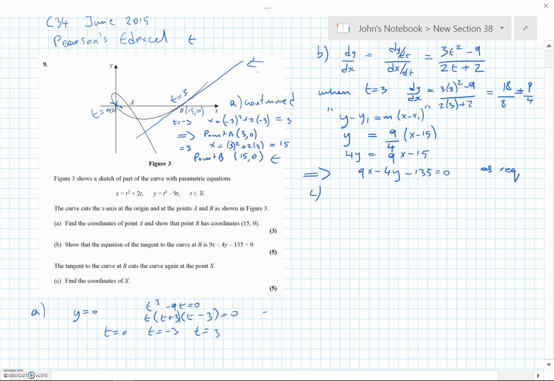Right, now the next bit's quite nice and interesting actually. If we sub in our values for x and y from the parameter, we'll get a cubic. It might not look promising, but the solutions to that cubic will correspond to the points at t where this relationship holds and are on this curve.